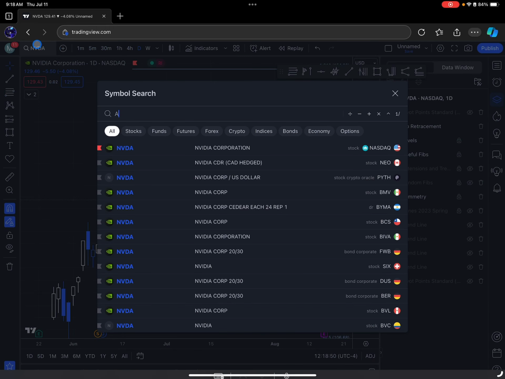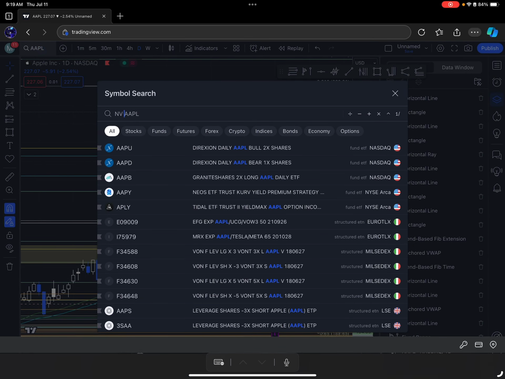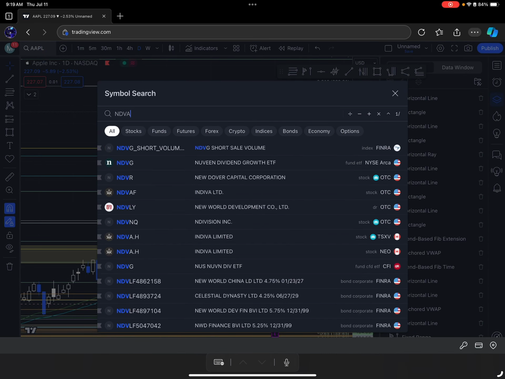It reminds me of what we went through with Apple, and why I was saying everyone's trying to go for this type of trade now, the break of previous highs. The difference being that it pulled back on Friday and then went through the next week. So if it is a discount, maybe buyers hold at 130 and we continue. But I'm still looking for that larger time frame structure.